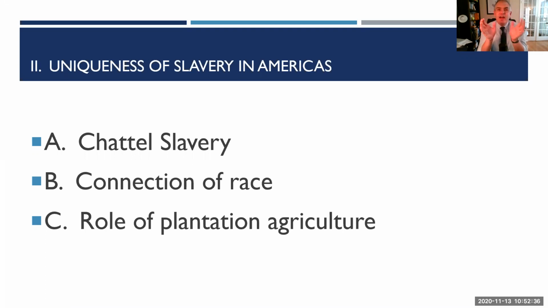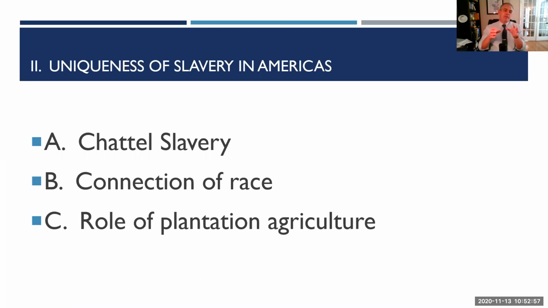So slavery is not a new invention in the 1600s. But what slavery is doing is increasing in its magnitude. So the system of slavery is growing much larger than anything we had seen before. And a new form of slavery is going to take place, which we call chattel slavery.